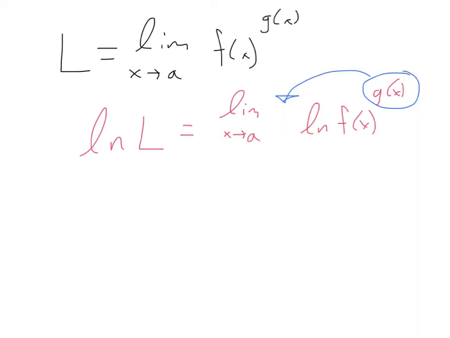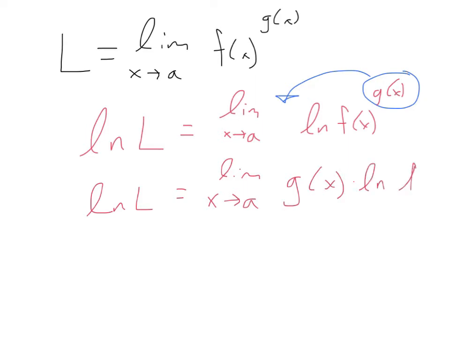Now that we've brought that power down, it'll be a lot more clear in our examples, you now have g of x times the natural log of f of x. What you've done is you've taken an exponent problem and turned it into a multiplication problem.